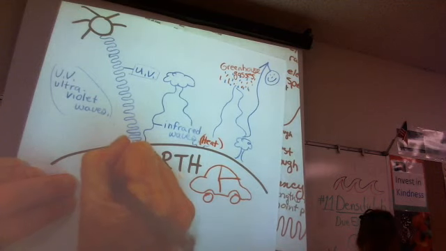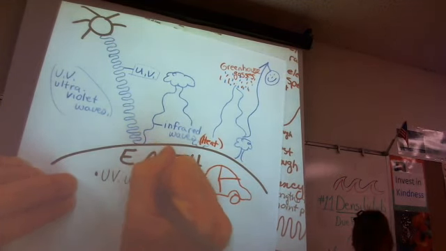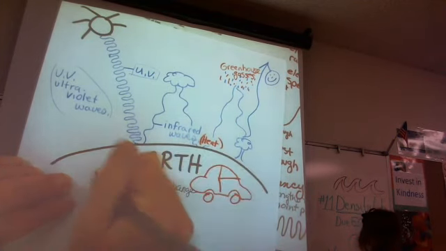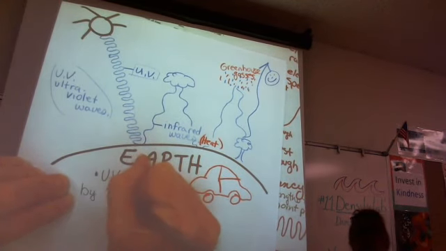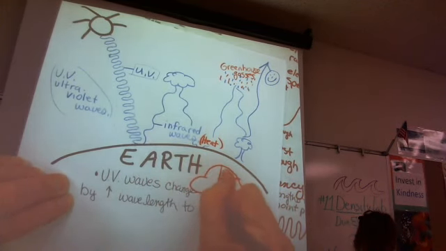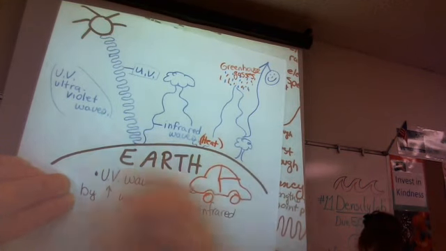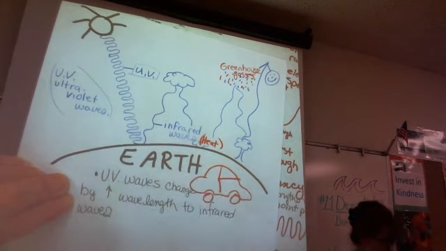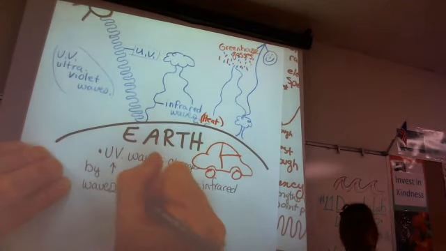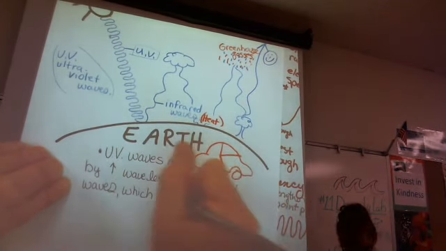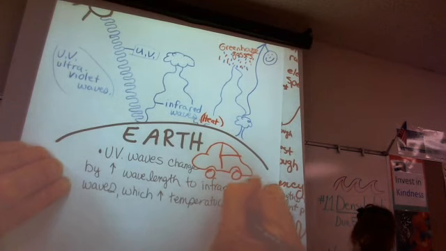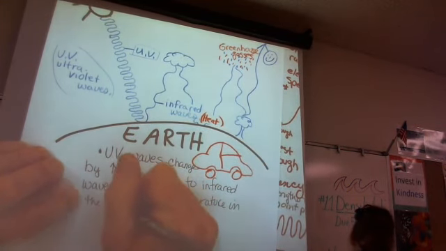So what's happening? The UV waves change by increasing wavelength to infrared, which increase temperature in the atmosphere.